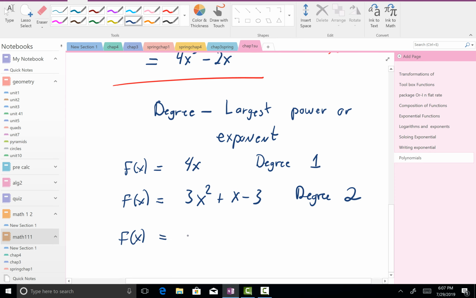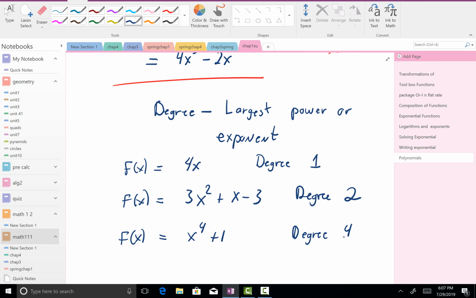So then if we have this, what's the degree of that? 4. It's the highest power. It has nothing to do with how many terms it has. It all depends on the power. So when we're talking about polynomials, next Wednesday, all right, or even next week when we do rationals, we'll call them by the degree.